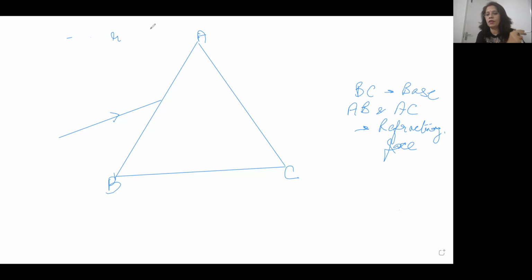So first let us draw the normal. This is the normal. Let me name the normal N1. Fine. This is the ray. First refraction has happened. Now what about the second refraction? See, this is again your denser medium and this is your rarer medium. So the second refraction will happen here. Let us draw the second normal now.